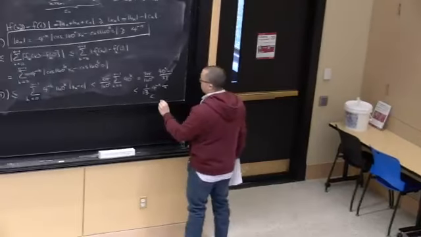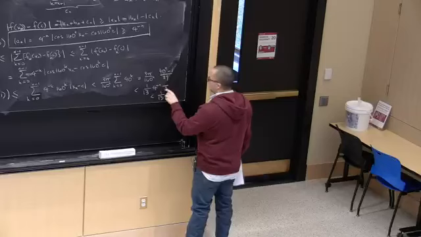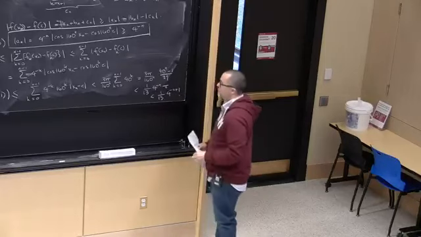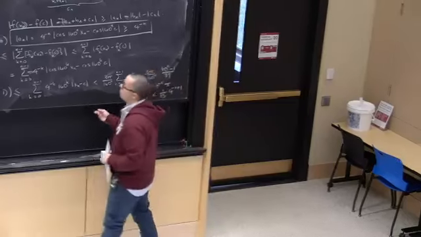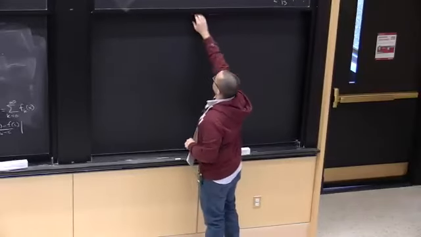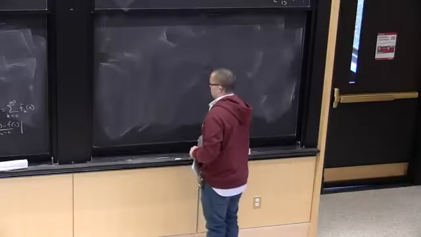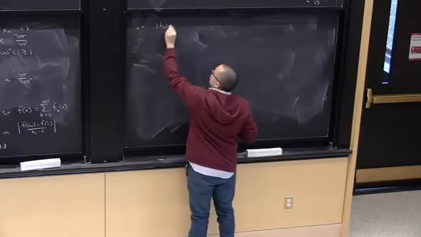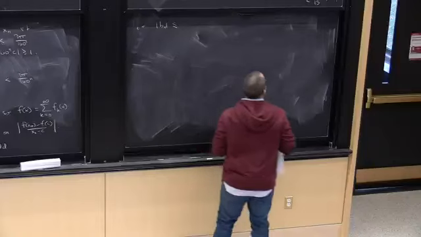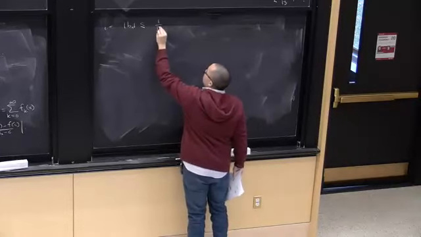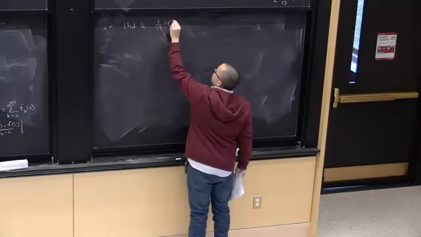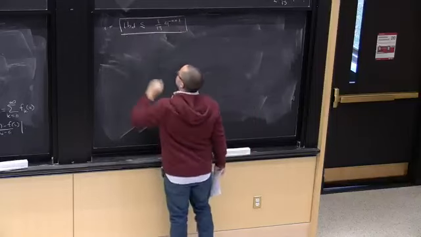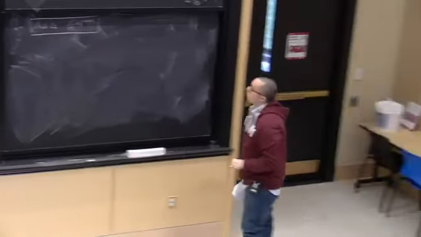And that's less than, pi is less than 4, so plus 1. Okay? So, let me summarize this. It is less than or equal to 1 over 13, 4 to the minus n plus 1.